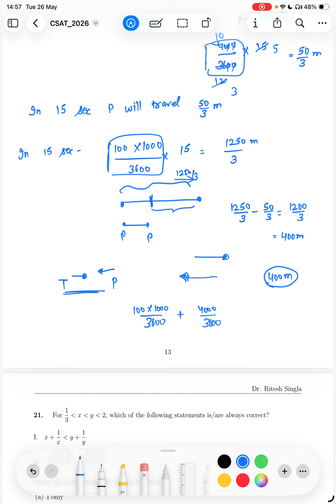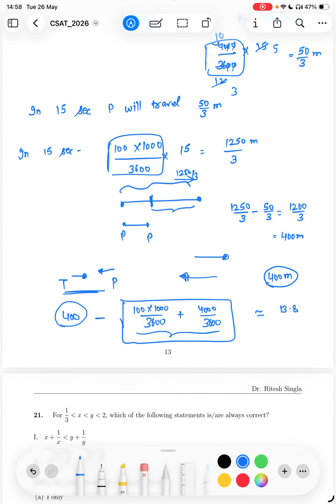This is the distance that will be subtracted. So basically we want to find the time so that this complete distance reaches 400, nothing else. If you just do the math, you will find that the time is 13.85 seconds.